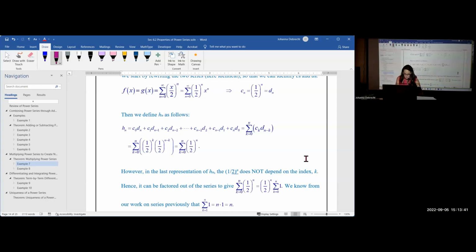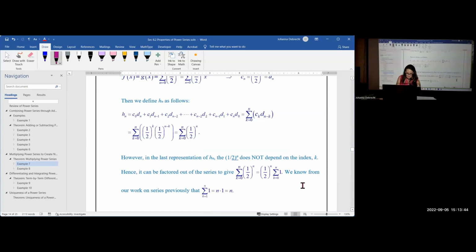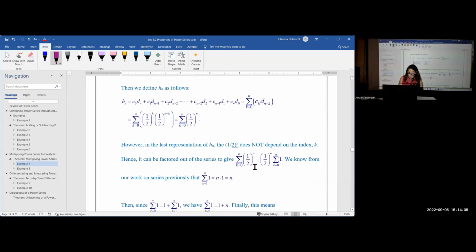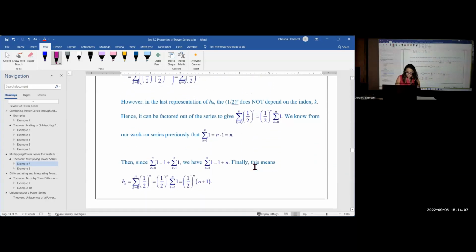Now, we know from our work on series previously that if the lower index of summation started at 1, then the series from 1 to n of 1 is n times 1, which is n. But that doesn't start at 1, it starts at 0. So we want to rewrite that in terms of something that starts at 1. So we take the series starting at k equals 0 to n of 1.